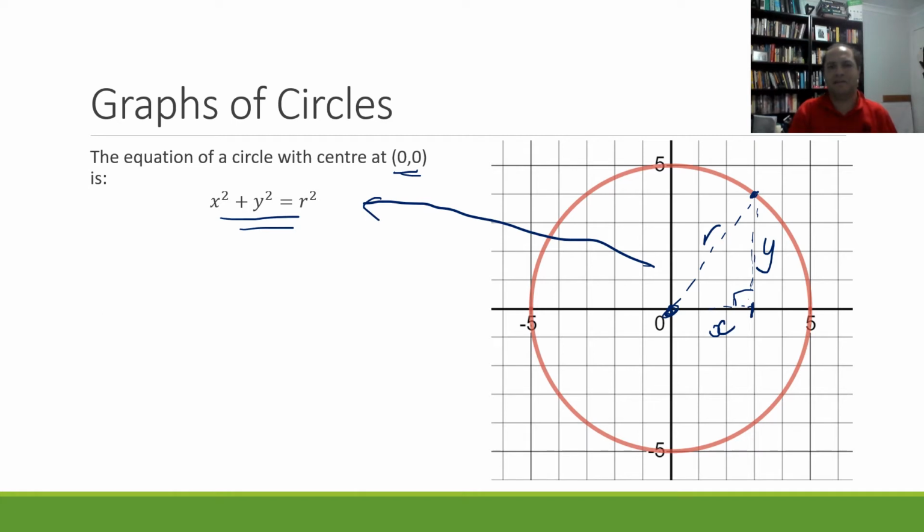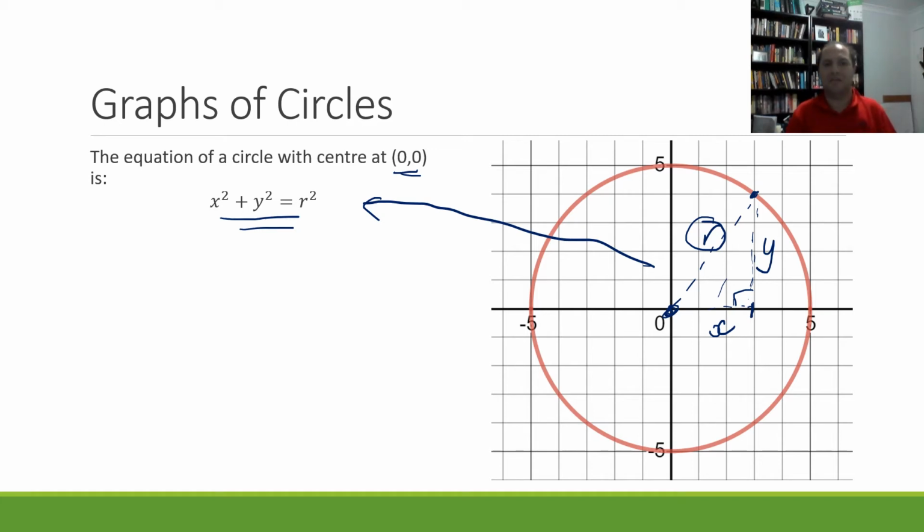For Pythagoras, it's a squared plus b squared equals c squared. Here, a and b are x and y, so x squared plus y squared, and that equals our hypotenuse squared, which here is r squared. That formula must be the same the whole way around because r, our radius, doesn't change.